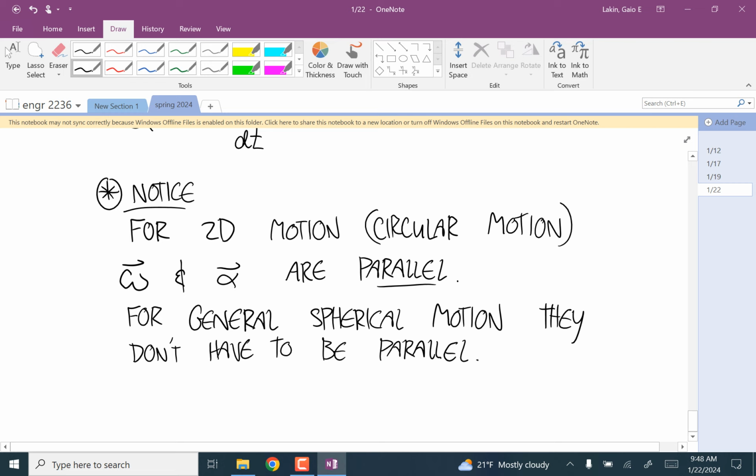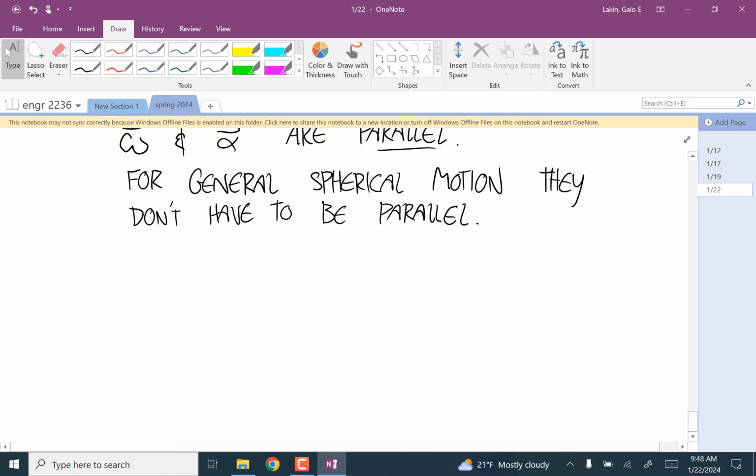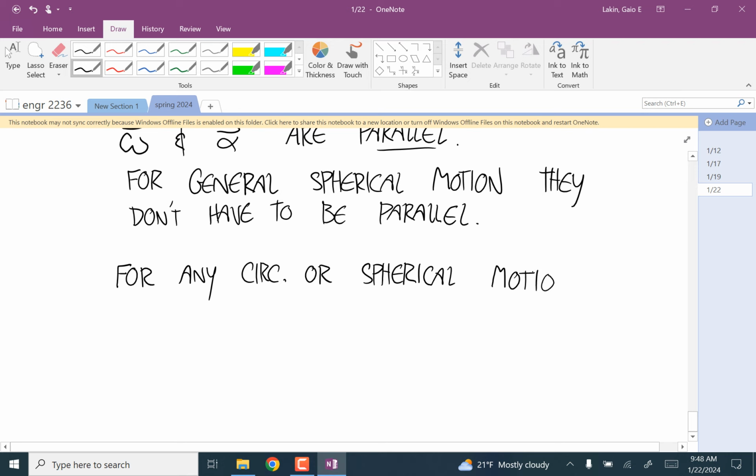Okay, so now, given that, these are the two equations that you need to remember for circular and spherical motion. For any circular or spherical motion, the velocity vector is equal to omega crossed with r.